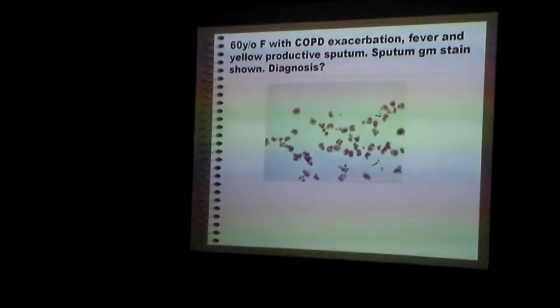There are cocci and what? What are the long ones? Okay, so that's bacilli, right? So bacilli are long, straight, they're not circular, right? So you're saying cocci and bacilli.